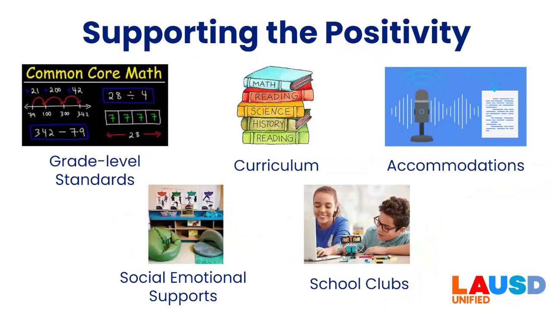We can provide the right accommodations so that students can meet curriculum tasks and assignments. We can provide social emotional supports throughout the day. Some examples include checking in with students, creating a calming corner, or teaching breathing exercises. We can create inclusive environments in and out of the classroom so that all students can find their place on campus.